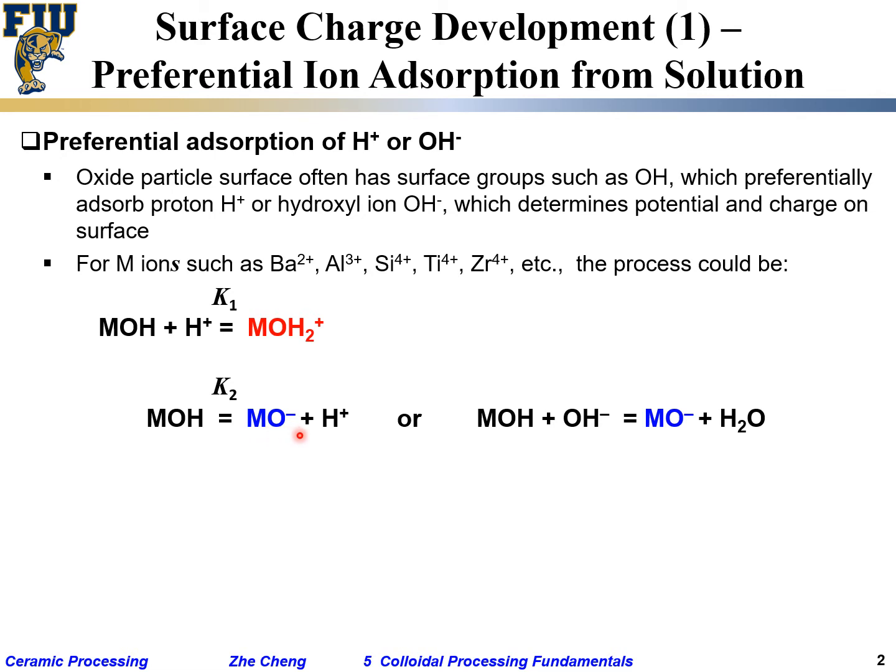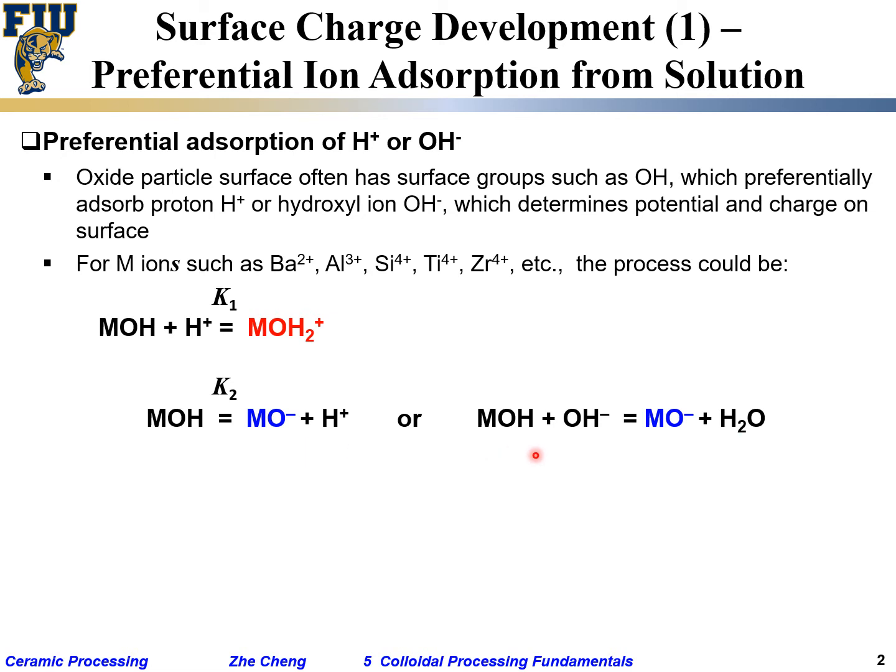Make sense? Neutral, but then it preferentially dissolves, lets the proton go away, and becomes MO minus. Or MO, but then there are hydroxy groups, there are base groups in the suspension. I get MO, but then form water.